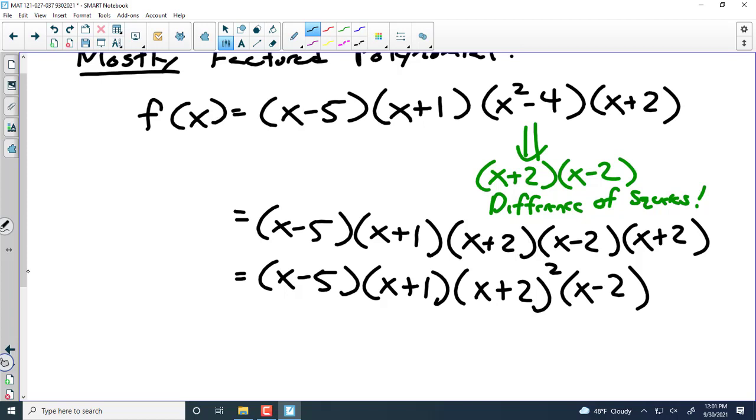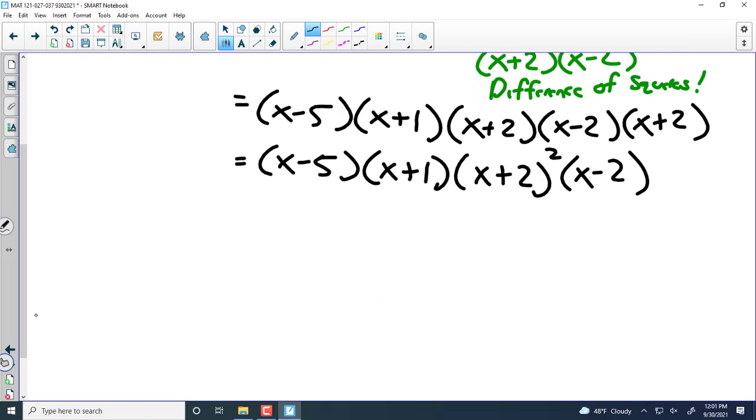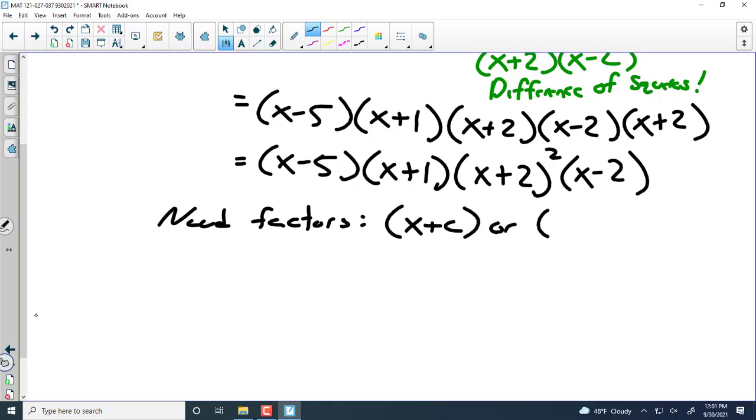Now we have all of our factors like they're supposed to look, either x plus a number or x minus a number, and we have a squared rather than a repeated factor. Well, it's still repeated, but now we can see its multiplicity and we know that we'll have a bounce there. So in order to use these techniques, you need factors that are x plus a number, or x minus a number, or just x.